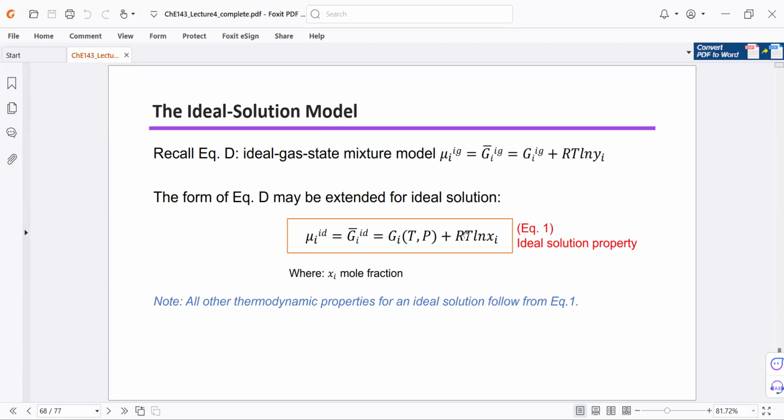So extending the equation, as you can see, we replace the partial molar Gibbs free energy for the ideal gas. We represent it now with a superscript ID, to represent the ideal solution. So this is now the partial molar Gibbs free energy for the ideal solution.